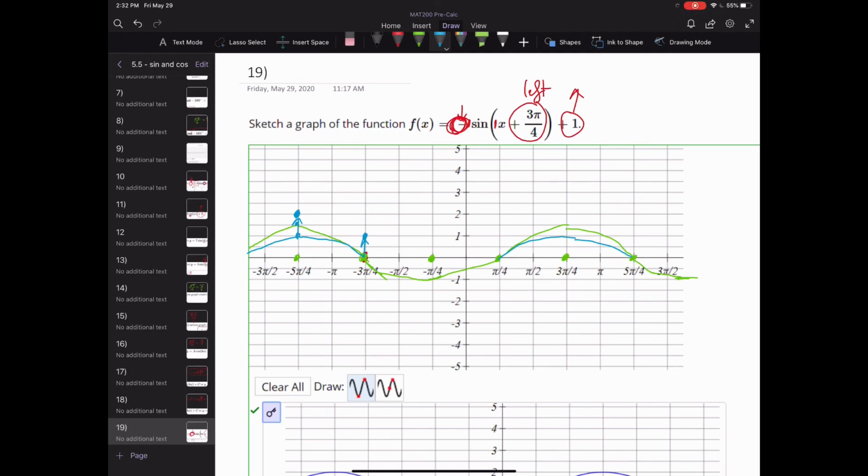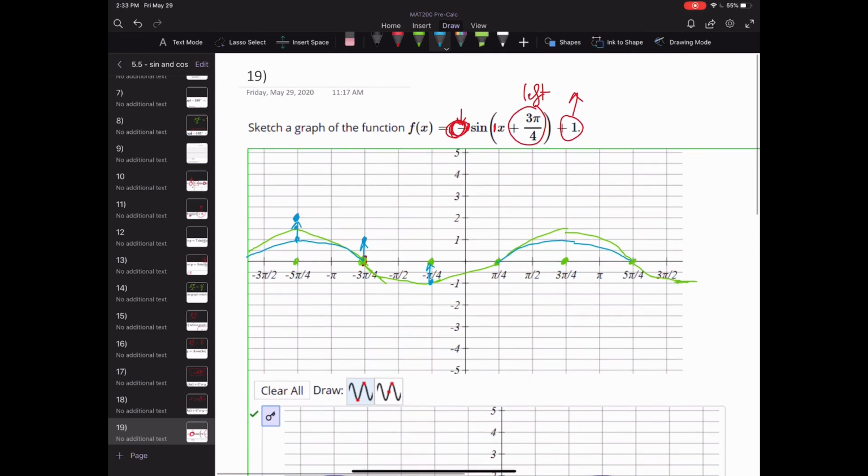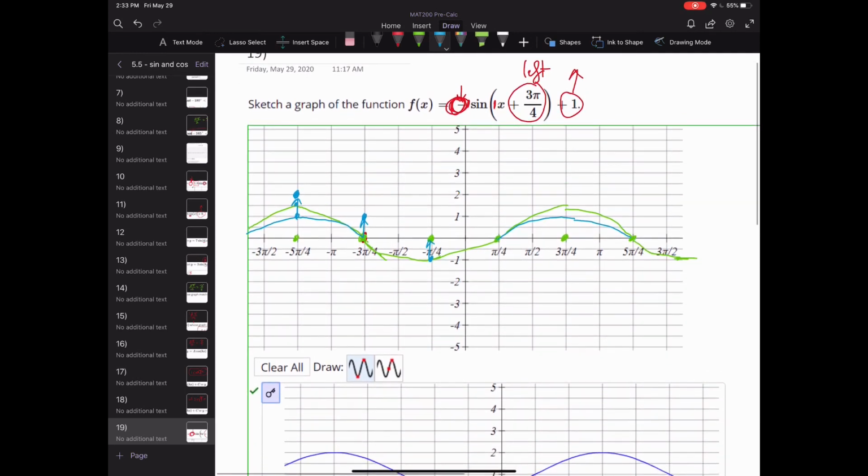This point, hold on, I'm missing a key point, which is this one. This one gets shifted up 1 whole unit. You get the point. This one gets shifted up 1 whole unit. This one, 1 whole unit. All the points get shifted up 1 whole unit.